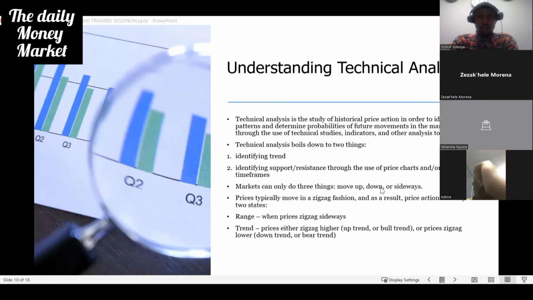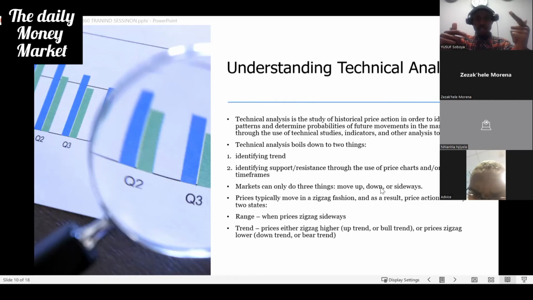All right. So the price typically moves in a seesaw fashion, and as a result, the price action has only two states: range. The price action can only range when the price is zigzagging sideways. The zig zig zig zig, that's a range. Then trend. Remember guys, we are talking about technical analysis.